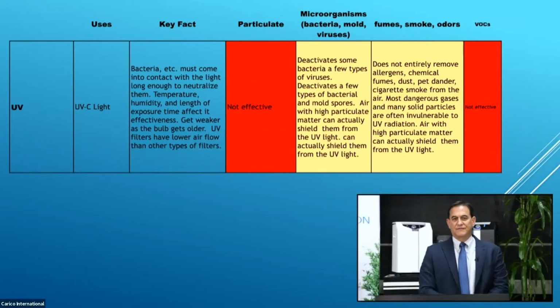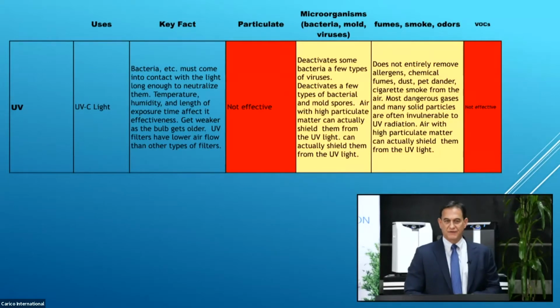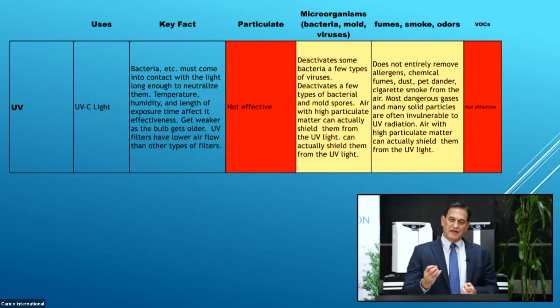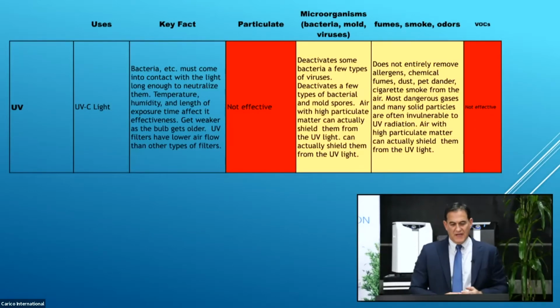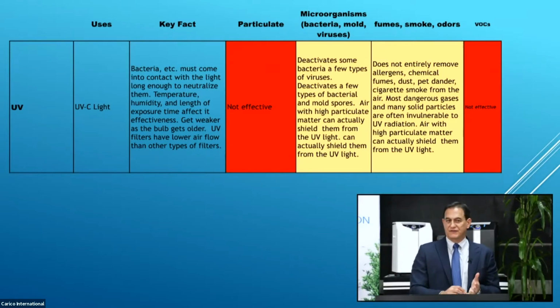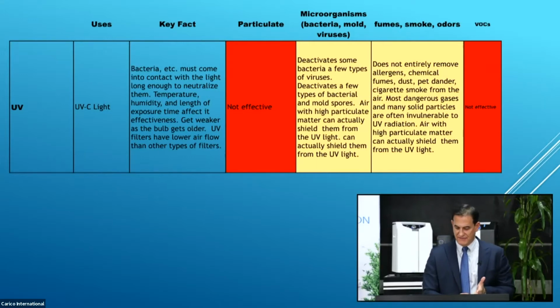So the first kind of filter I'm going to talk about is called a UV or ultraviolet filter. Basically, this takes an ultraviolet light and shines it as the air goes through it. The ultraviolet light basically burns, or sunburns, if you will, any kind of bacteria or viruses to death.